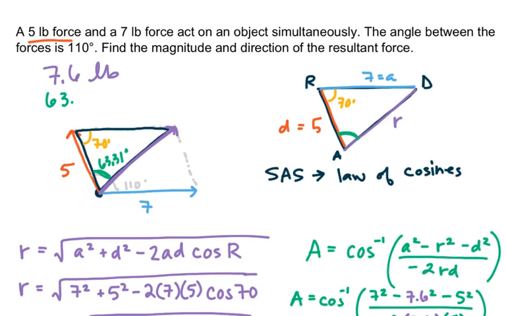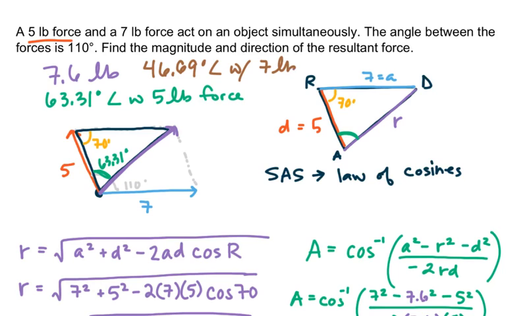We make a 63.31 degree angle with the 5-pound force. So then what kind of angle do we make with the larger 7-pound force? I would subtract that 63.31 from 110. So 110 minus that 63 gives me 46.69 degree angle with the 7-pound force.